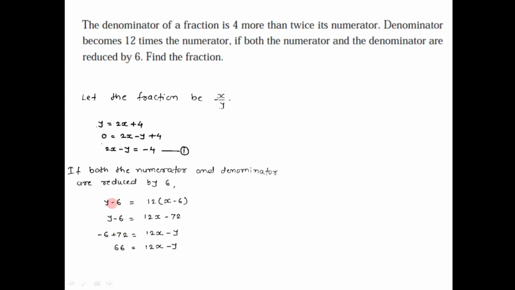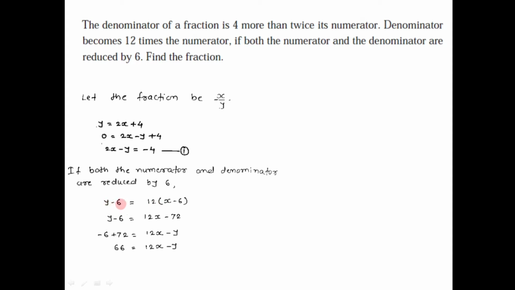If we reduce the denominator by 6, it becomes y minus 6, and if we reduce the numerator by 6, it becomes x minus 6. At that time the denominator becomes 12 times the numerator. That's why y minus 6 is equal to 12 times x minus 6. So this is the second equation we got from the second condition.